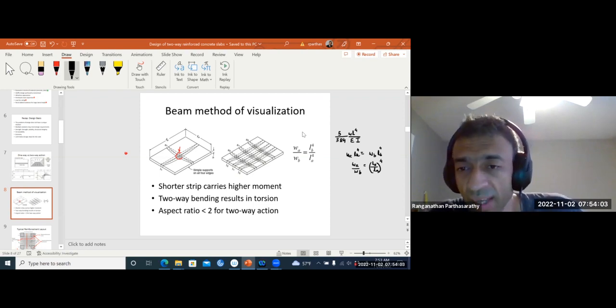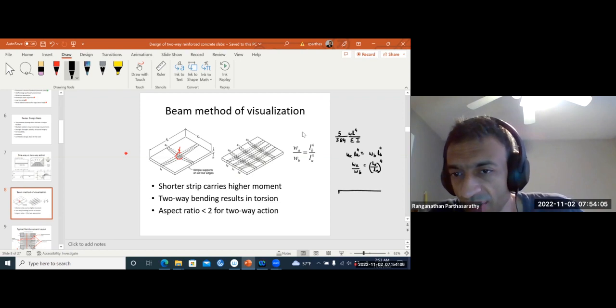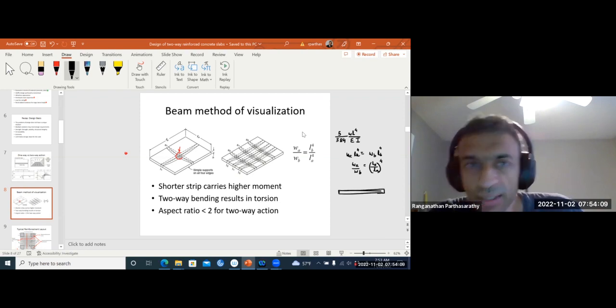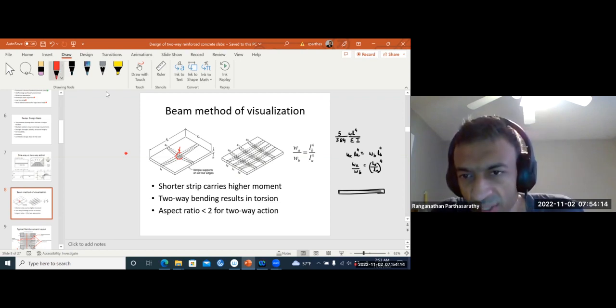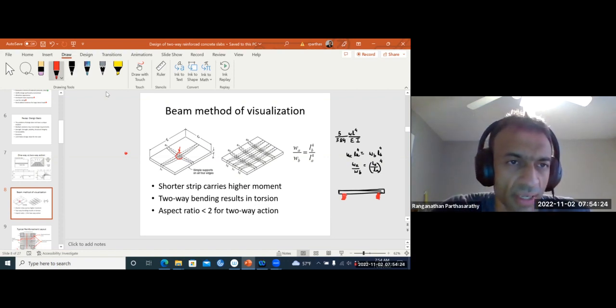Let's say that you have a bed. This is my bed, and it is resting on springs. So I have two huge springs at these two ends, and let's say just 2D.